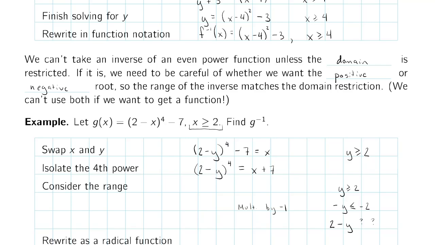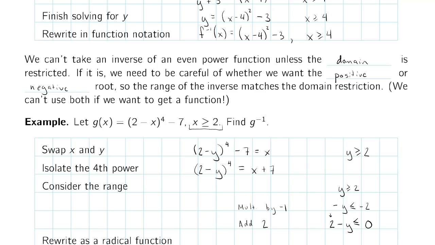And when I multiply both sides by negative 1, I swap the direction of the inequality. And then I want a 2 here, so I'm going to add 2 to both sides. So I've got positive 2 minus y is less than or equal to positive 2 minus 2 is 0.